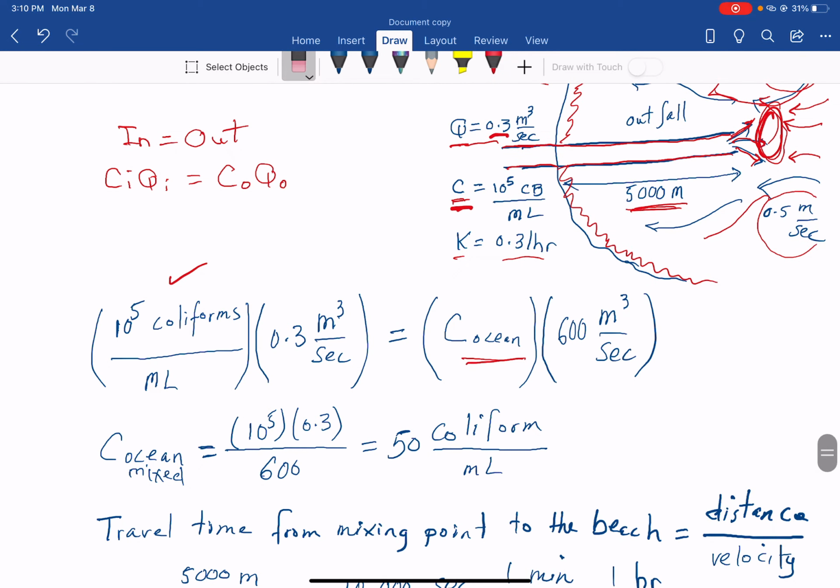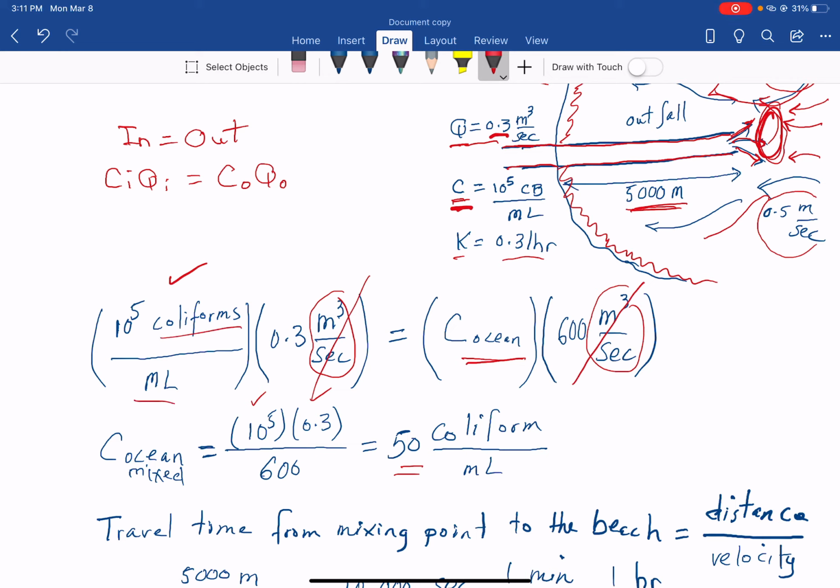You rearrange the equation and you get the concentration of the mixed ocean: 10 to the 5 times 0.3 over 600, and that will give you 50 coliform per milliliter. Make sure that the units are the same because they will cancel, and you'll end up with coliform per ml.